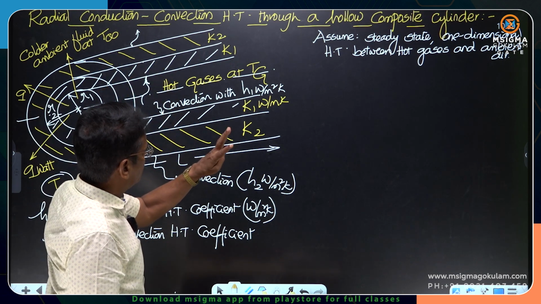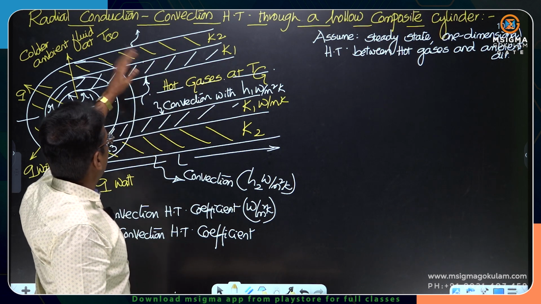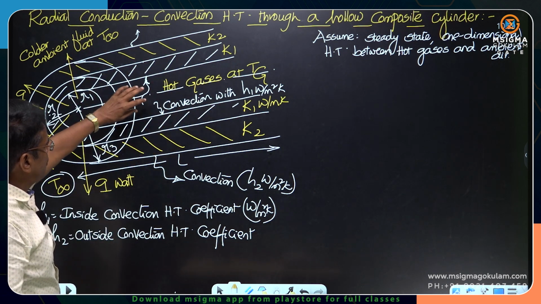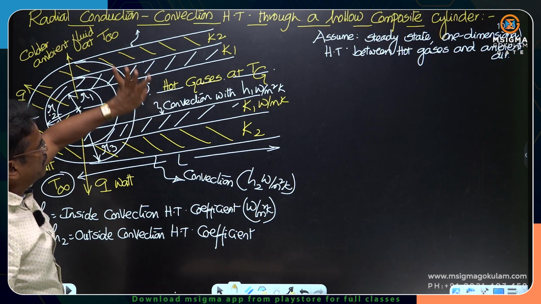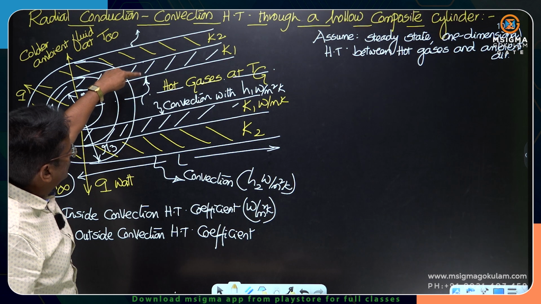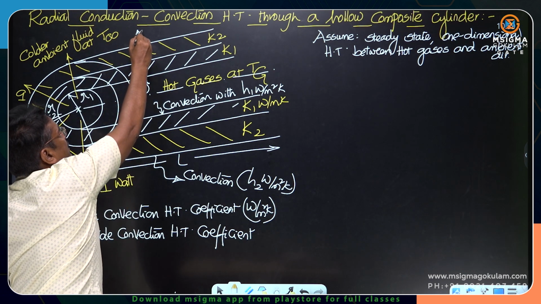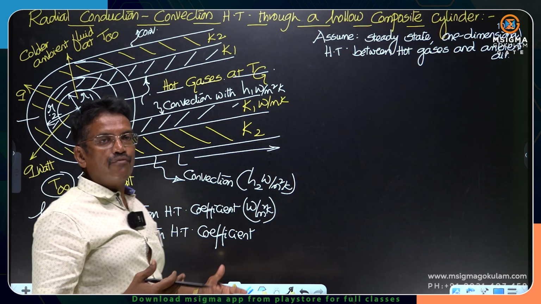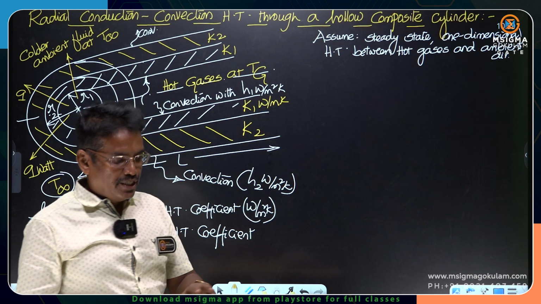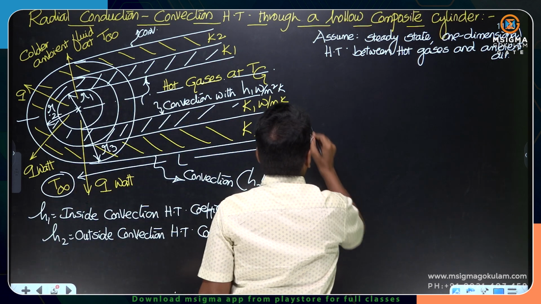Totally there will be 4 resistances against the radial heat flow between the gases and the ambient. The mode of heat transfer occurring between a solid surface and the surrounding fluid will be convection. So there are 4 resistances.